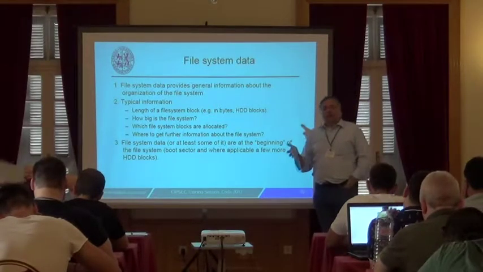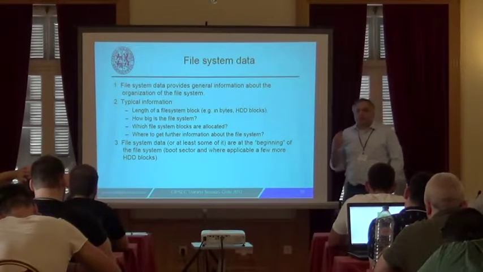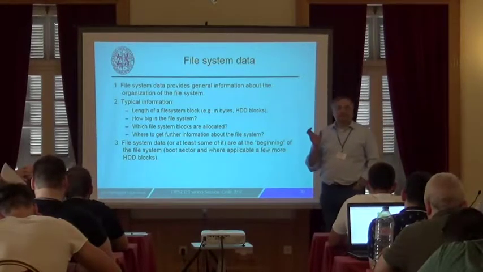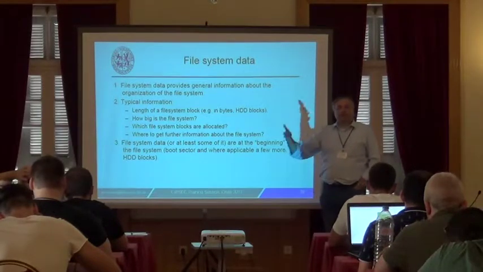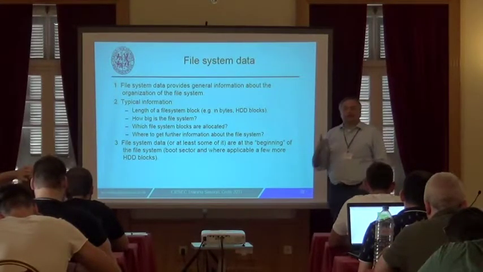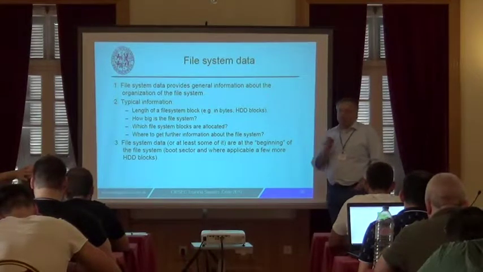And directories are constructed in the same way. So if you have this string secret file, you can do essentially a reverse lookup and find out which inode that string belongs to. So which data block corresponds to that file.